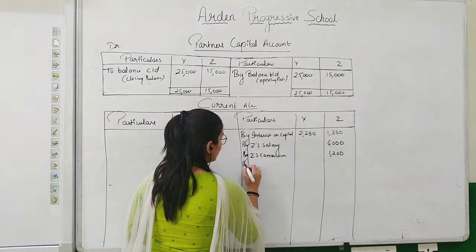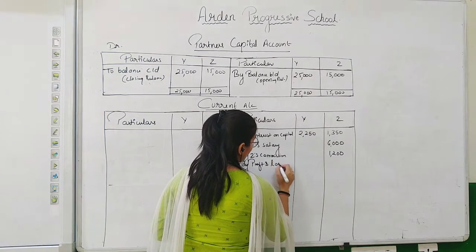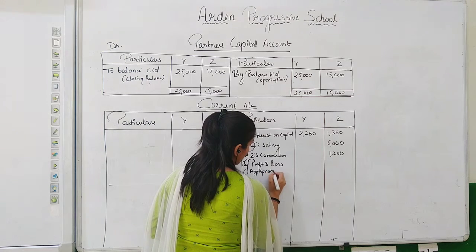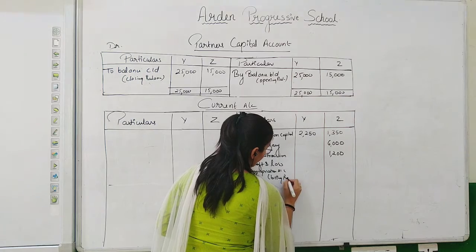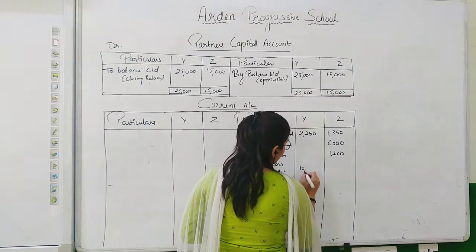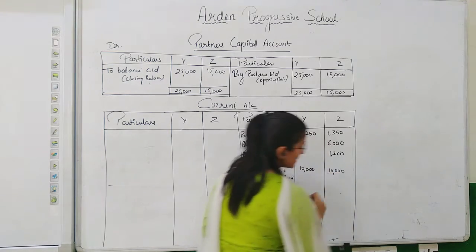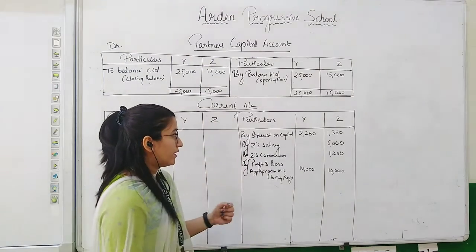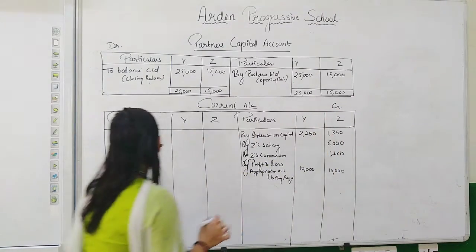So we will write here by profit and loss appropriation account being profit. So the amount of profit for Y was ₹10,000 and same amount of profit was shared by Z, which is 10,000. So these are the incomes of the partners which are recorded on the credit side of current account.